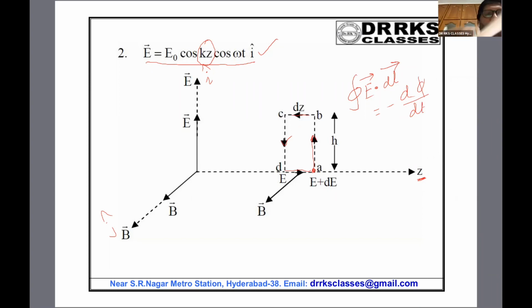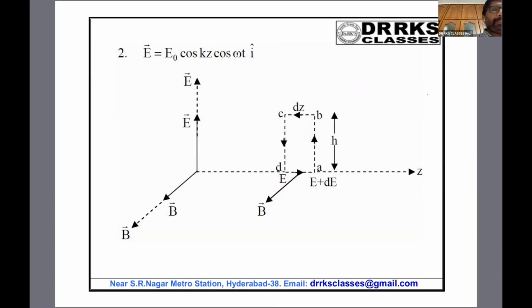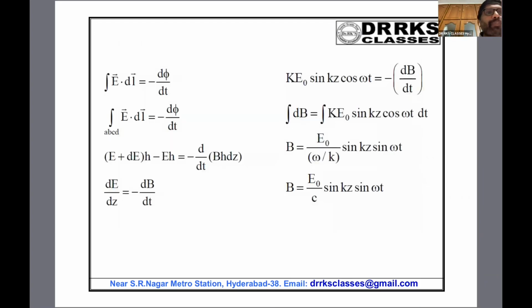Along AB the electric field is E plus dE. Along CD the electric field is E. Let me apply this E dot dl along the closed path AB, BC, CD. So E plus dE into H minus EH is equal to the magnetic flux.